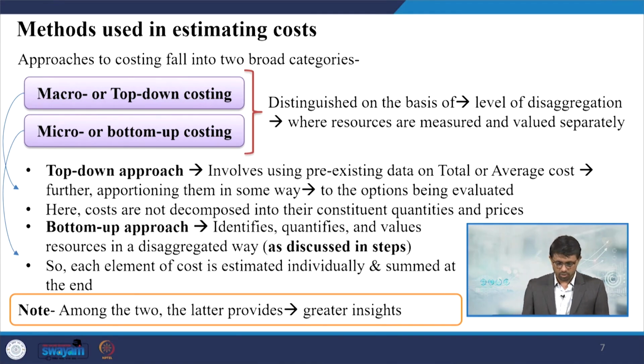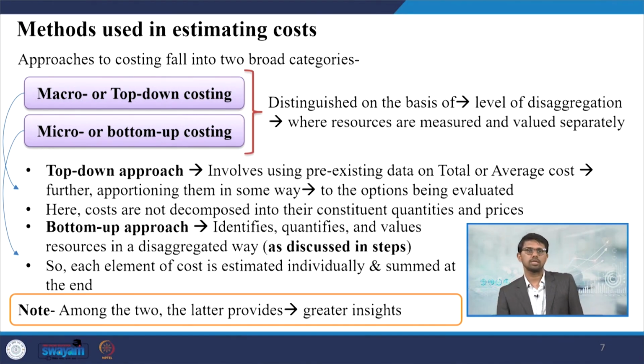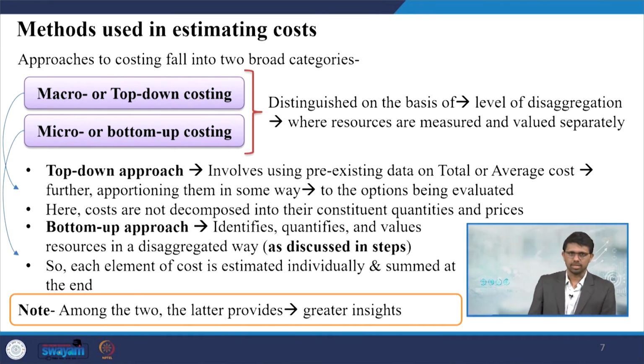In the other approach, through disaggregated values, each element of cost is estimated individually and summed at the end to represent the larger picture. Of the two, the latter, the bottom up approach, provides greater insight about the reality.